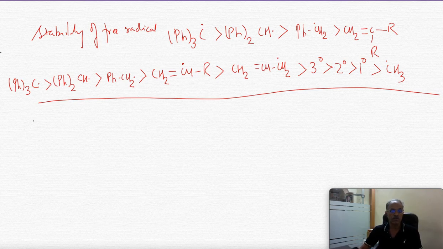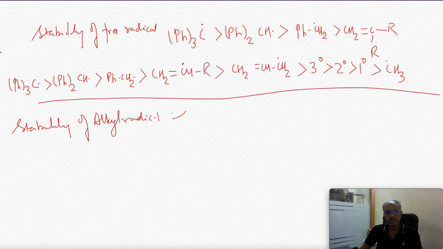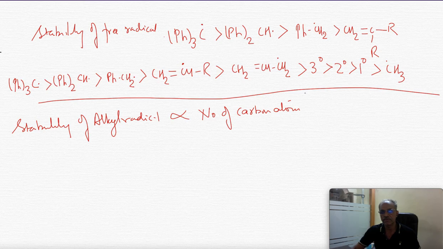Now, the stability of alkyl radical is directly proportional to the number of carbon atoms attached, the number of carbon atoms attached to the alkyl free radical.